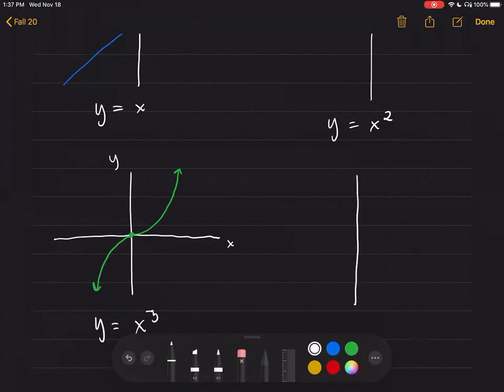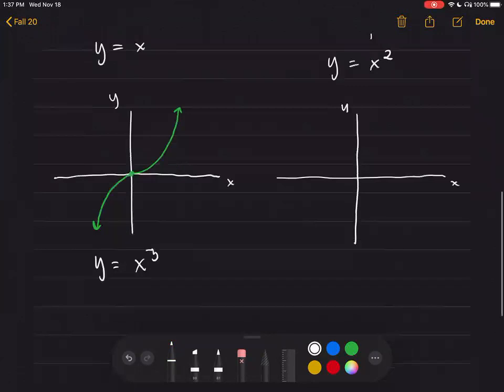And then if we go up another degree, we get y equals x to the 4th. As we've talked about before, it's going to be a parabola, but more like a squared off base. So instead of the really rounded parabola, we've got something that maybe looks like this.